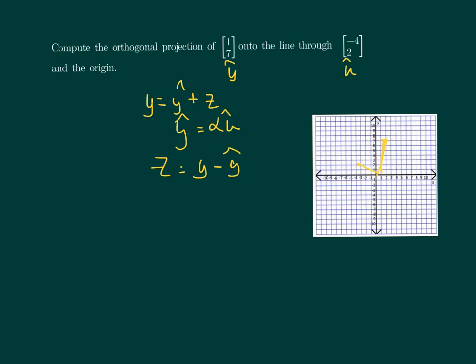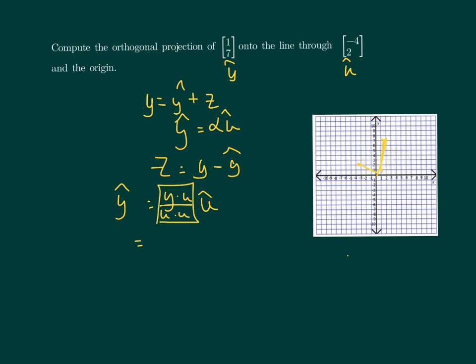Okay, and on the previous slide, we got that y hat is equal to the inner product of y and u over the inner product of u times itself, times u. So this part is our coefficient.